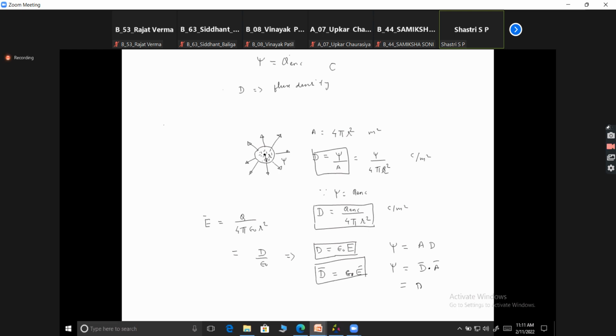Or D dot ds, the vector differential area, if I integrate, then it is this. So these are the multiple relations which you have got from a single law, Gauss law.